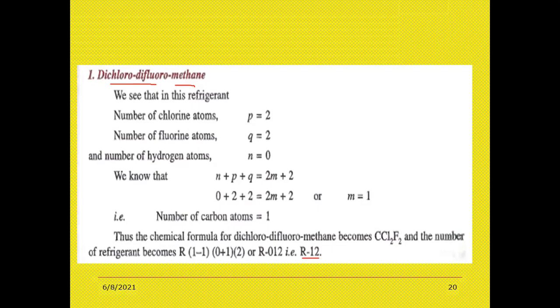Got it? So with this we'll stop the class here, and we'll continue in the next session with the other new topic. Till here, if you have any doubts, please let me know. As the time is ending, we'll stop the class here.